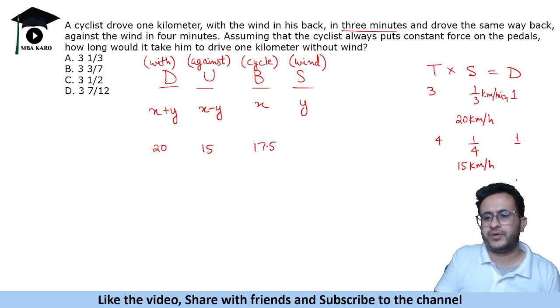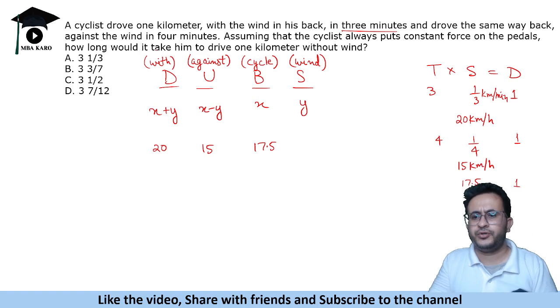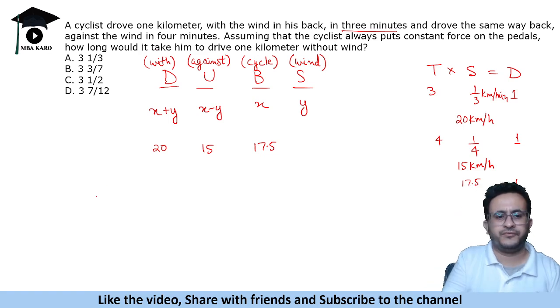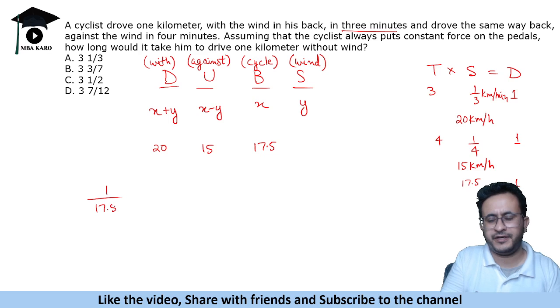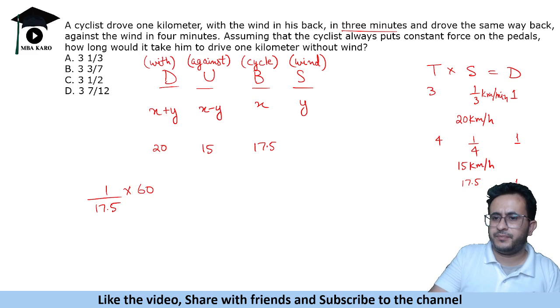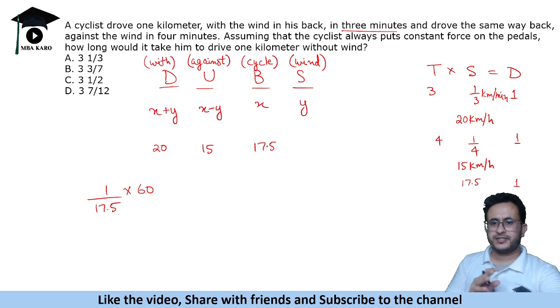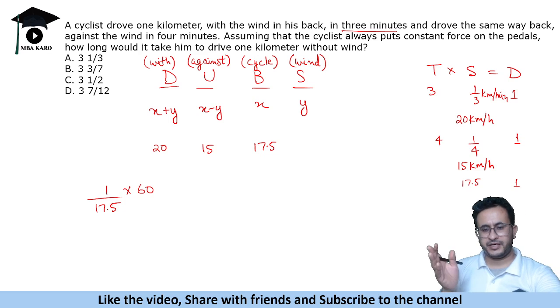So the distance is 1 kilometer and the speed is 17.5 kilometer per hour. Now we have to find the time in minutes, so we take 1 by 17.5 and multiply by 60, because the speed is in hours. See, 1 by 20 kilometer per minute means 60 minutes in an hour, so we multiply by 60 and get 20 kilometer per hour.